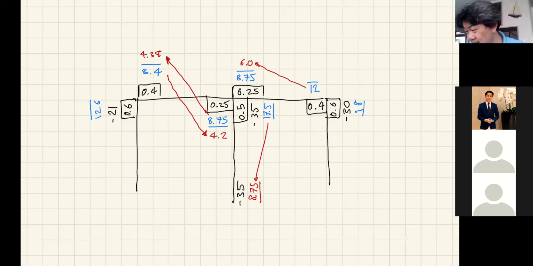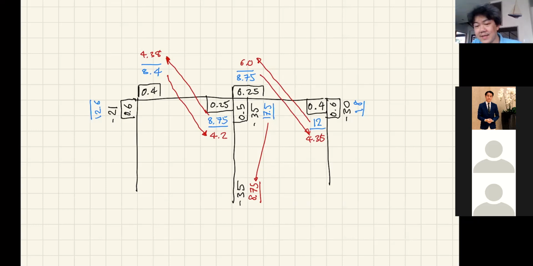Oh, it's on top, right? I thought I was going to write it at the bottom. That's fine, let's be consistent. It has to be 12 here, right? 6 is going to come from that, and then for 8.75, half of that will be 4.38. Gotta add a line to end the cycle here as well.